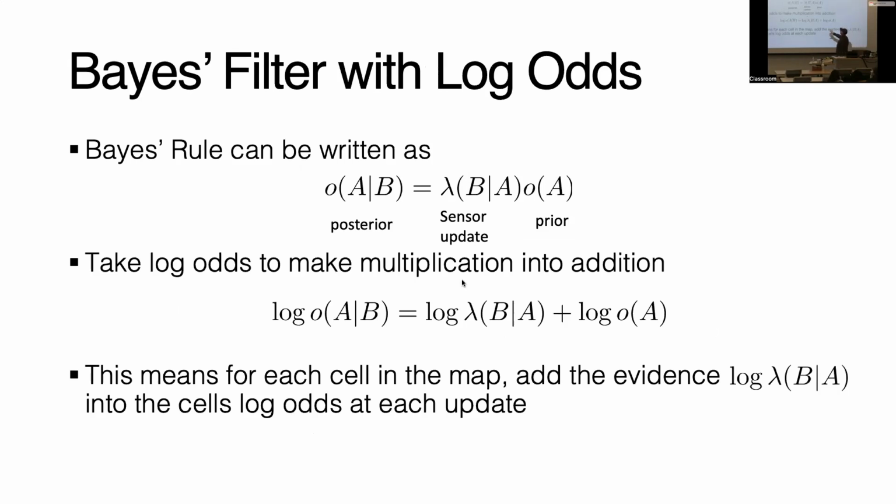But in the form of the odds, the posterior odds of A given B are just going to be this lambda of B given A, which is our sensor update, times the prior odds of A. And so if you take the logarithm, we have the log odds of A given B equal to the log of the sensor update plus the log of the prior. What that means is that we can just step through, take our previous estimate of the cell, add our new sensor information just as a number, and get the output of the cell.